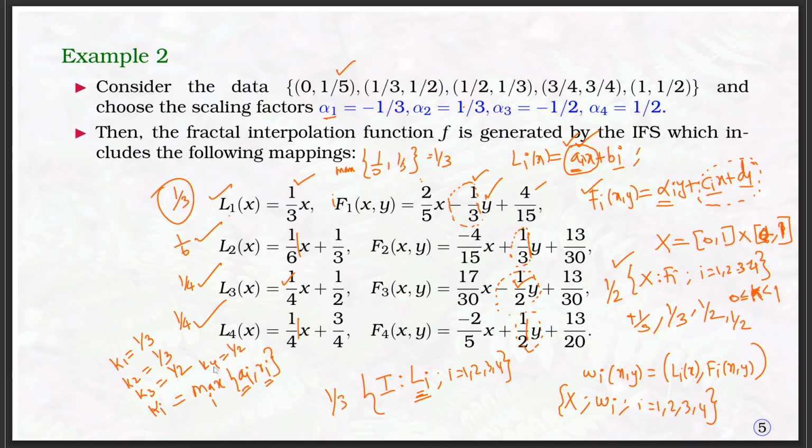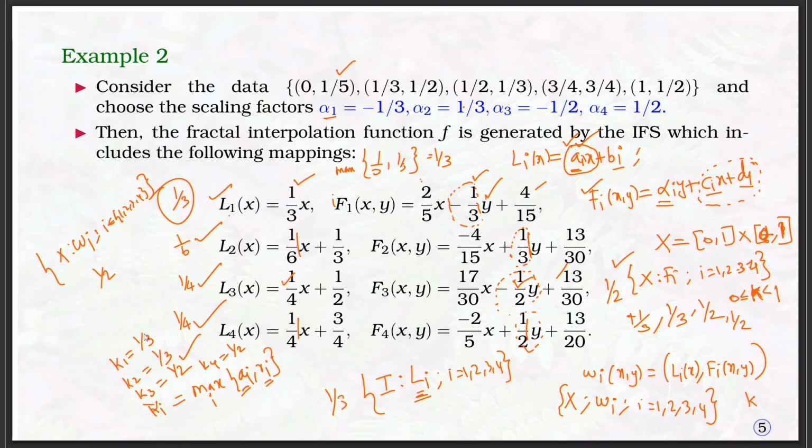Then after finding the contraction factor of each of the 4 maps, you can take the maximum among all these numbers, which is equal to 1 by 2. Therefore, the contraction factor of this iterated function system Wi on the space X for i equal to 1, 2, 3, 4 is 1 by 2, the maximum among all these pairs.